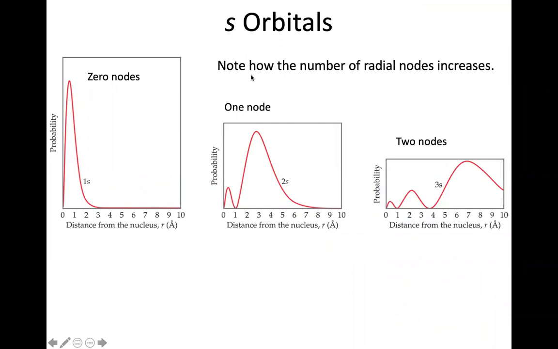So when I say note how the number of radial nodes increases, what I'm saying is the first time you have a type of orbital, the first time you have an s orbital, you don't have any radial nodes present. The second time you have it, meaning a 2s, now you have a radial node. A 3s, now you have 2 radial nodes, and they go right up from there. That's describing the structure that we have inside the atomic orbital.